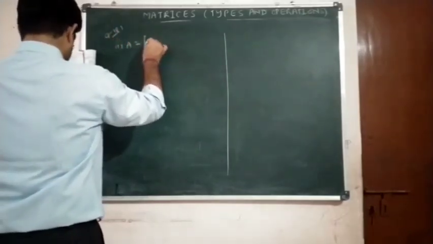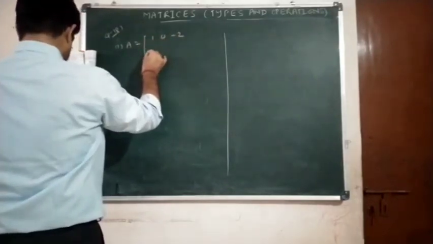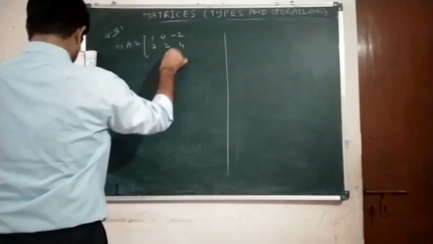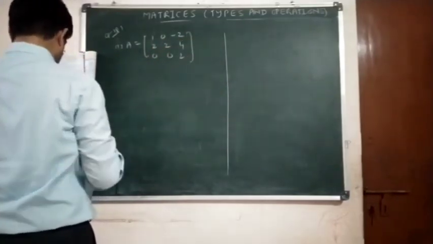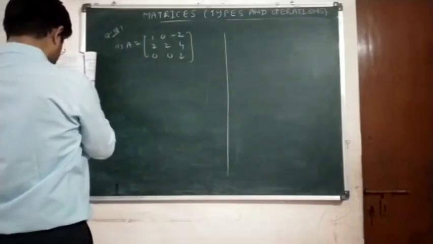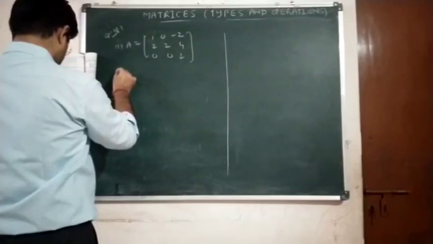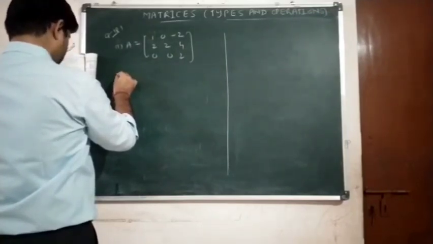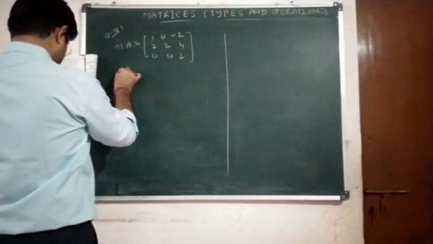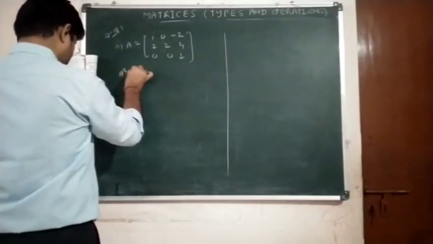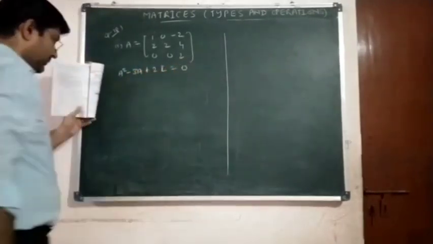A matrix A is given: 1 0 minus 2, then 2 2 4 and 0 0 2. We have to show that it satisfies the equation A square minus 3A plus 2I is equal to 0.